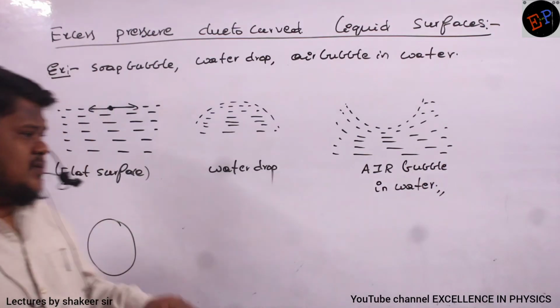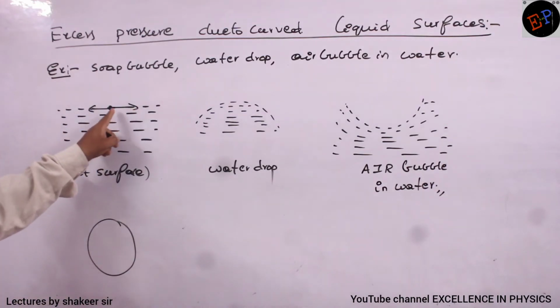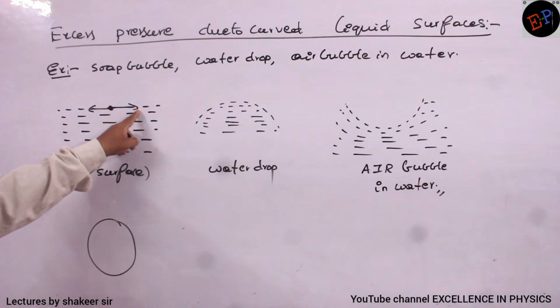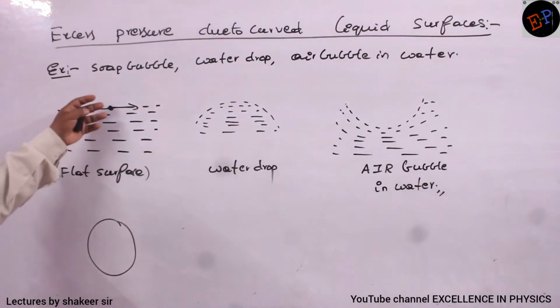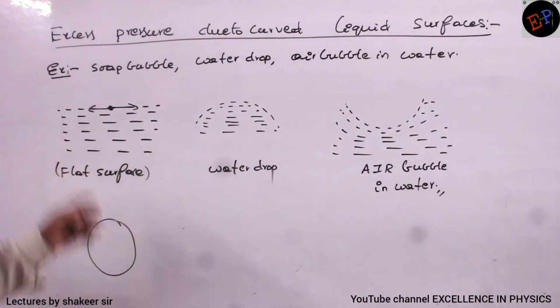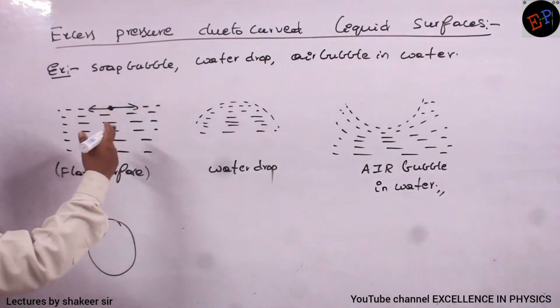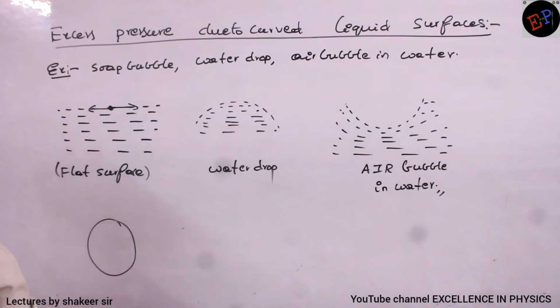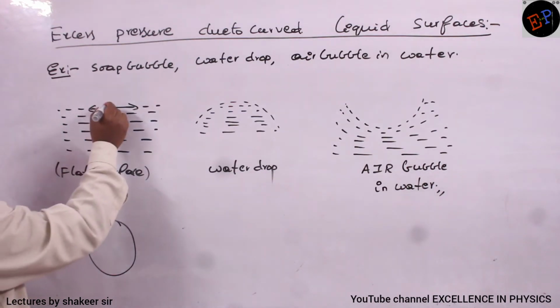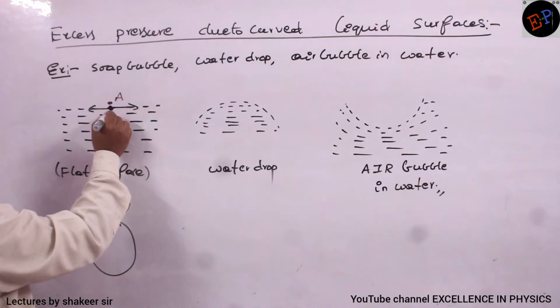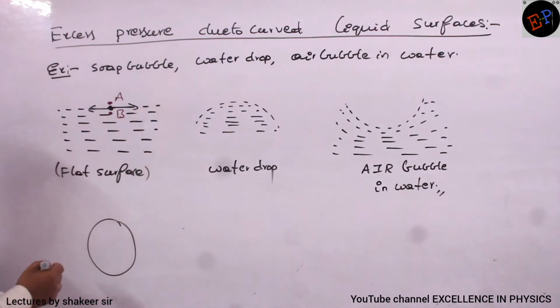Because it's a flat surface, the molecule on this side will be pulling this molecule to the right side, and the molecule on the left side will be pulling the molecule towards the left side. Okay, so for example, if I take 2 points, point A and point B, exactly above this molecule and below this molecule.